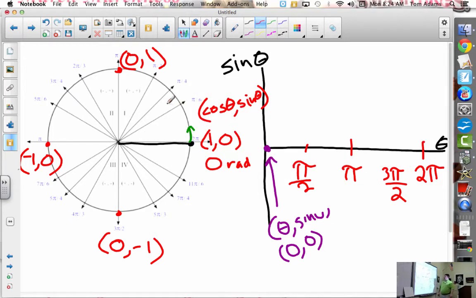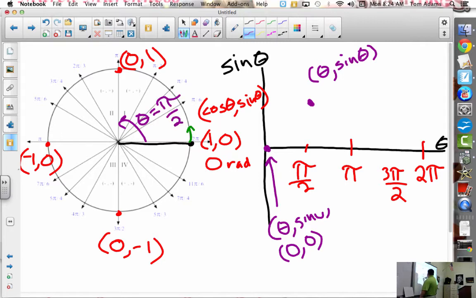At pi over 2, then we have the point right here. So if it's theta, sine of theta, in other words, I'm traveling from here to here. That's my theta of pi over 2, which gets me to here. But then I'm looking for sine of theta, which is 1. So this is technically pi over 2, 1.